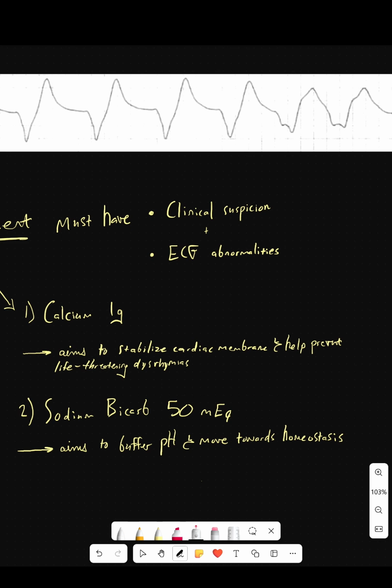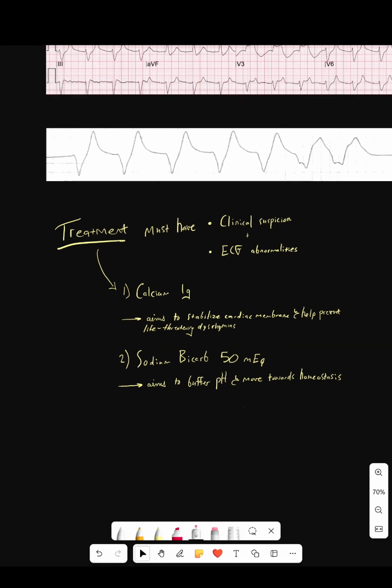And this is going to aim to buffer pH and move towards homeostasis. Now, not all of these patients are going to be acidotic necessarily, but there's a high index of suspicion that your patient might be experiencing acidosis that could be contributing to this, and so that'd be why sodium bicarb is given.